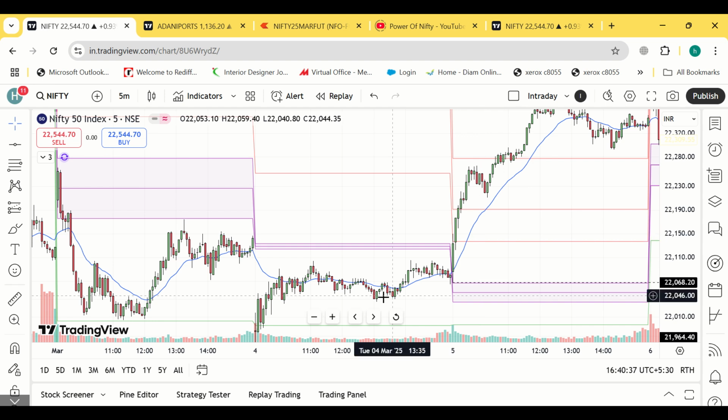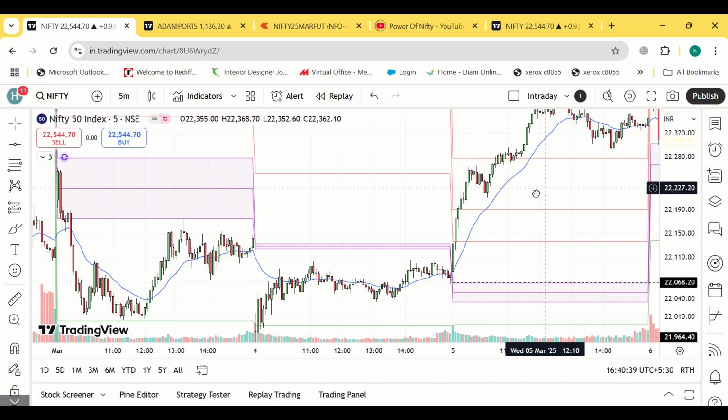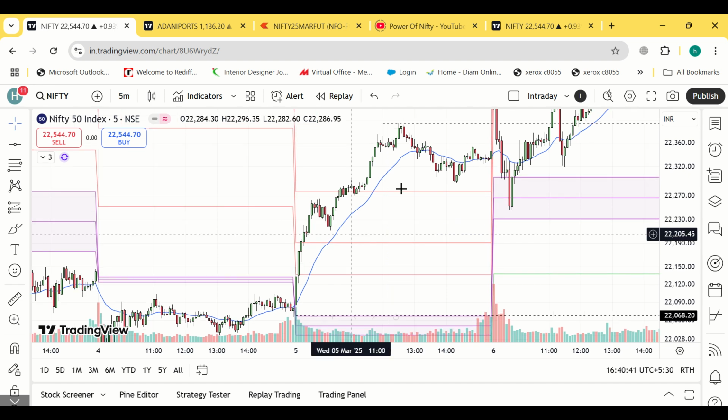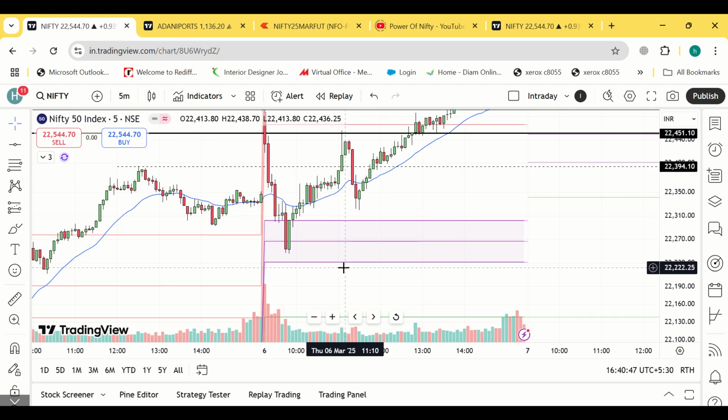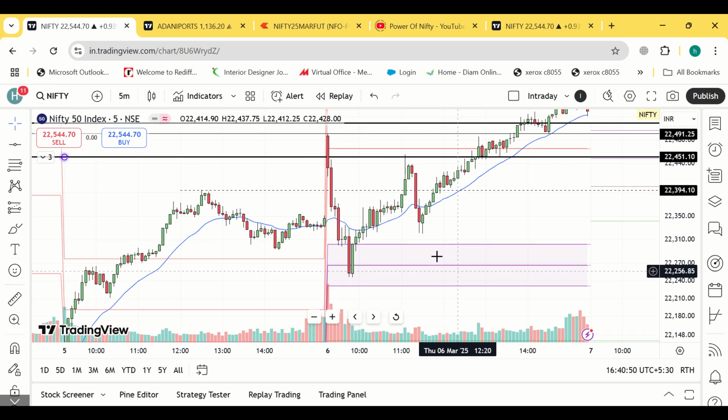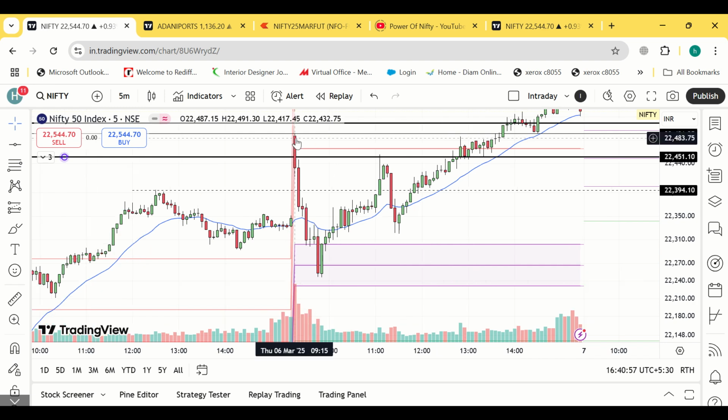Yesterday's market gave a continuation to that as a trending day, and this can be considered as the market reversing now. Today's CPR is also kind of average to wide, and the market opened gap up. So there was a good chance that it would reverse from the CPR.